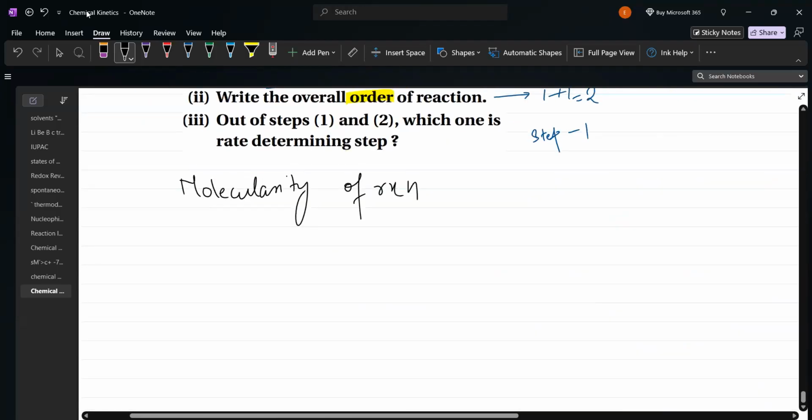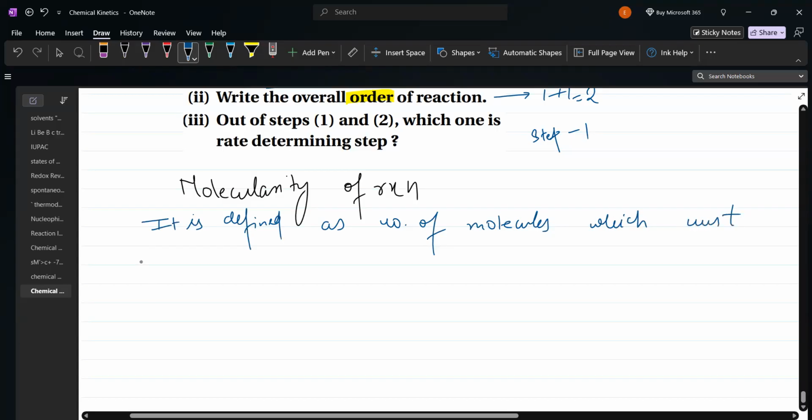What is the definition? Let's see. It is defined as the number of molecules which must collide simultaneously in an elementary reaction.